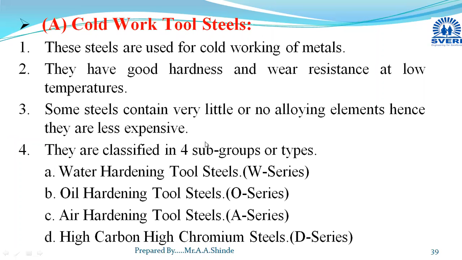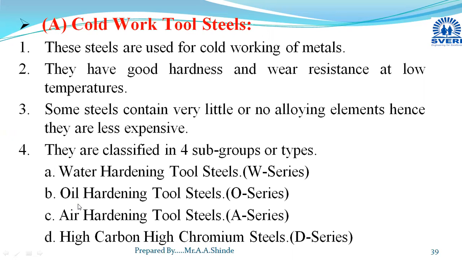These steels are classified into four different types depending on the hardening characteristics: water hardening tool steel, oil hardening tool steel, air hardening tool steel, and the last type, high carbon, high chromium steels. Water hardening tool steels are hardened by water quenching. Hence, they are termed water hardening tool steels, and they are denoted by the W series.